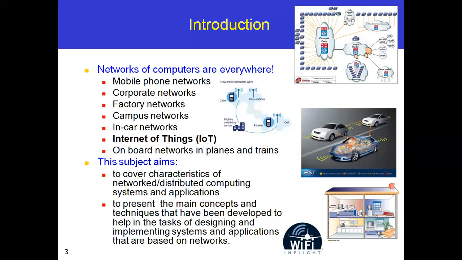Our distributed systems aim is to cover all these characteristics of networked or distributed computing systems and their applications. The main concepts and techniques have been developed to help the tasks of designing and implementing systems and applications based on networks.